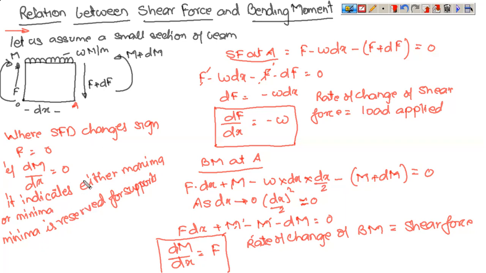So this clearly indicates that if the shear force diagram changes sign somewhere in the beam, not at supports, it will indicate a situation of maxima only, because minima is reserved for the supports. So this is the reason why wherever shear force diagram changes sign, you have a situation of maximum bending moment.